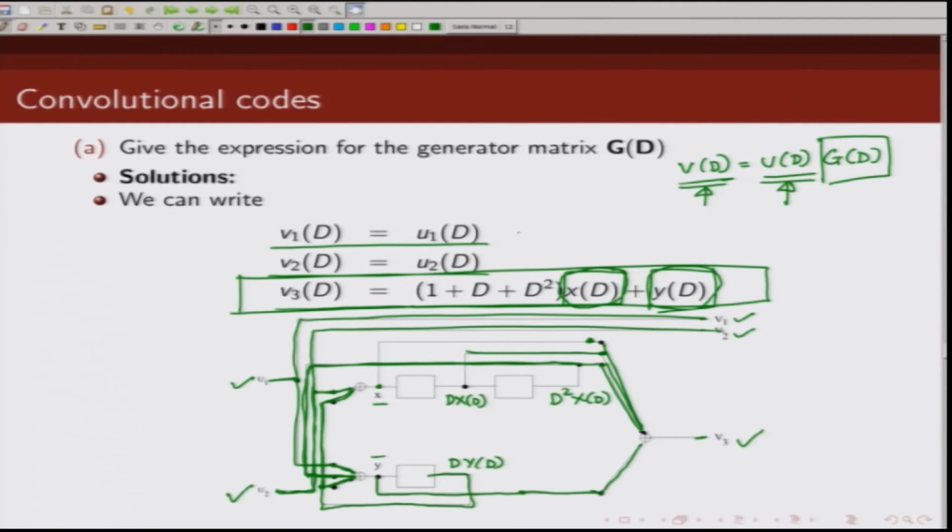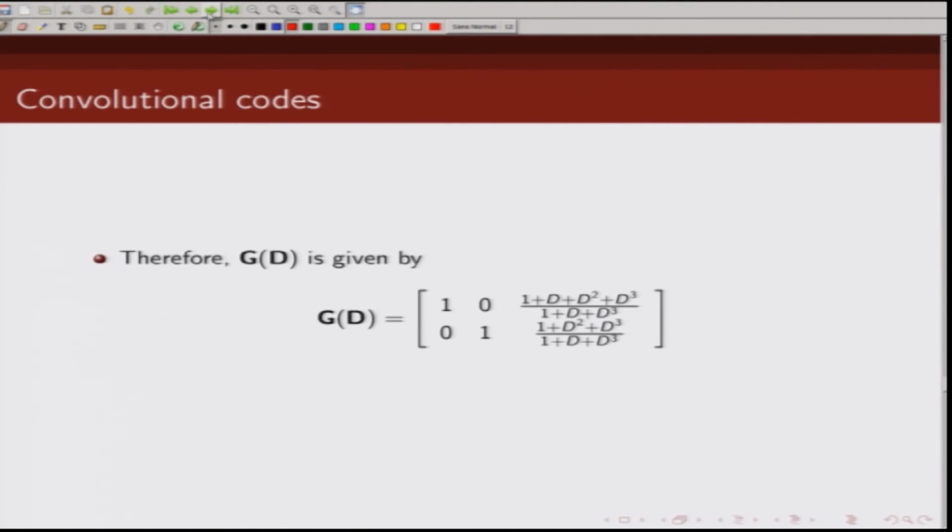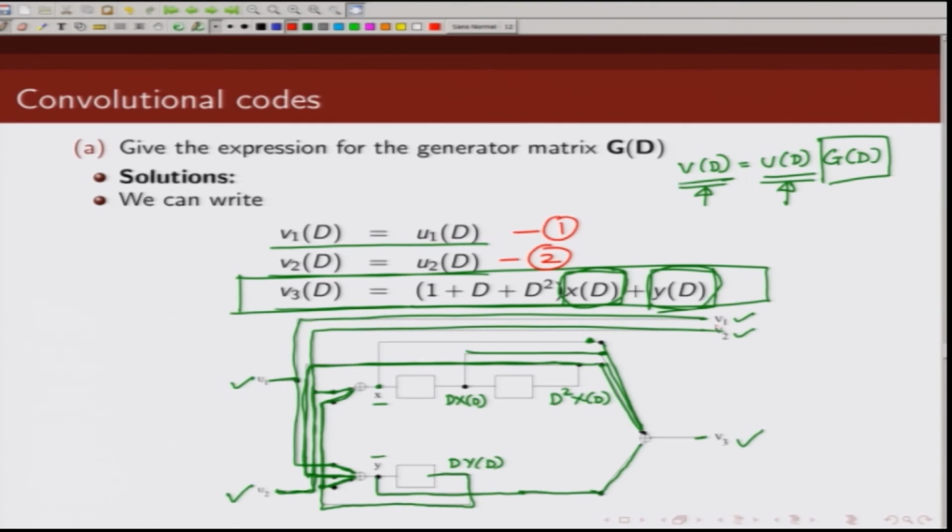The first equation that we will require is this one, second equation we will require is this one, and the third equation that we will require is this one, right. So, you can think of it like this. We have 3 outputs v1, v2, v3, and 2 inputs u1, u2.